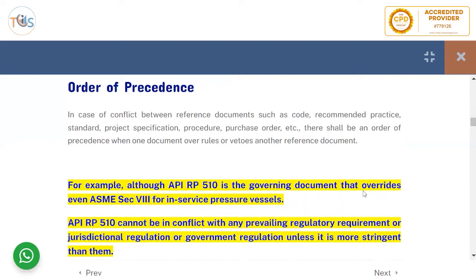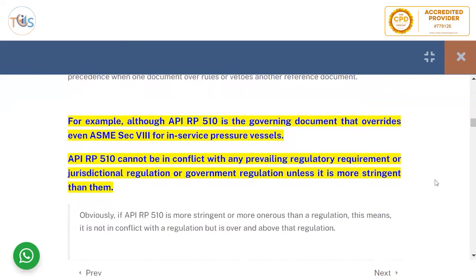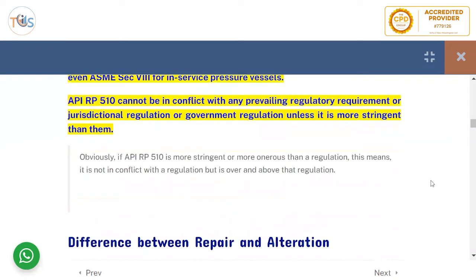So if there is, for example, a contradiction between 510 and 572, obviously 510 is a mandatory code, so it takes precedence. That is called order of precedence. If there is any contradiction, you should always follow the one which has higher authority, in this case codes.